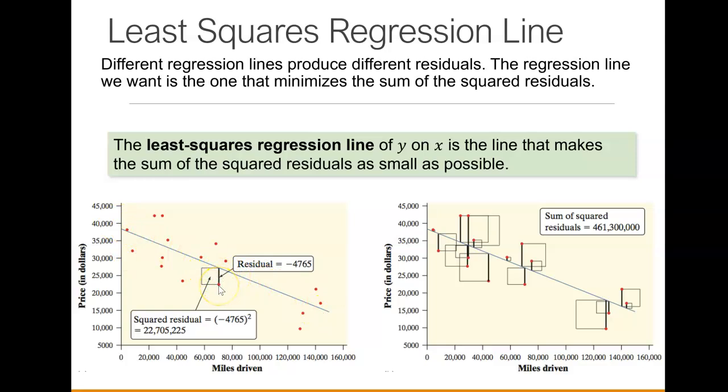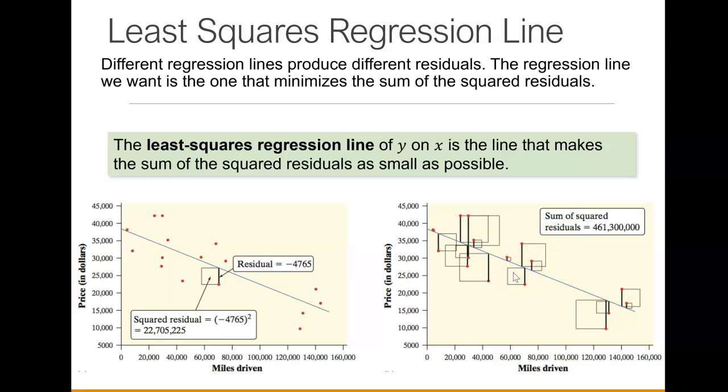If I draw one of the residuals and I square that value and I make a square out of it, and I do that for every point, everybody's okay with what you're looking at? So this is just a square based on the size of the residual.